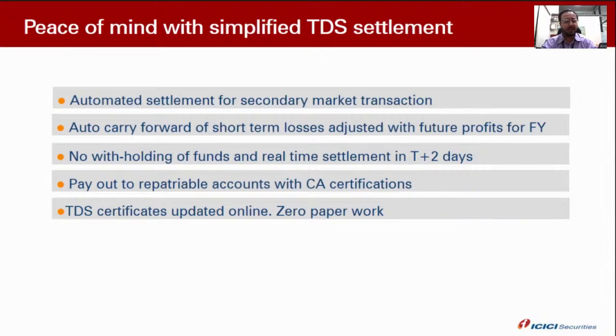So what it means is, let's say today in the month of February, I make a net loss of, let's say, 100 rupees by selling some stocks. And in the next month, in the month of March, I make a profit of, let's say, 200 rupees. My system will actually adjust that 100 rupees loss that you made in the previous month against the profit of 200 rupees that you've made in the next consecutive trade.